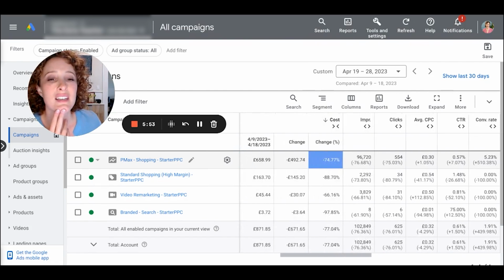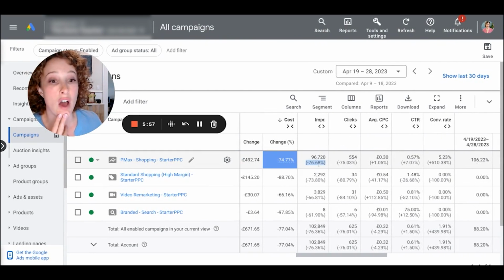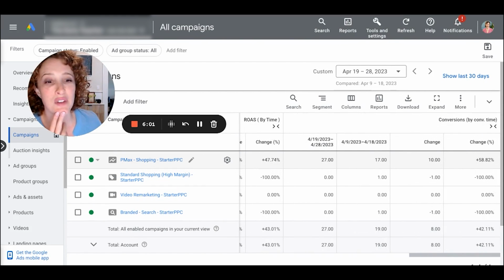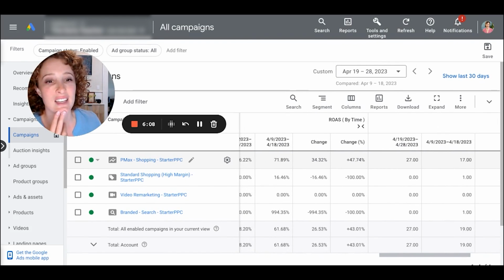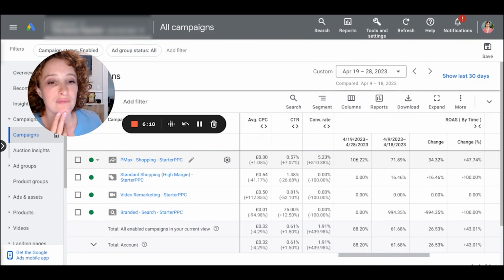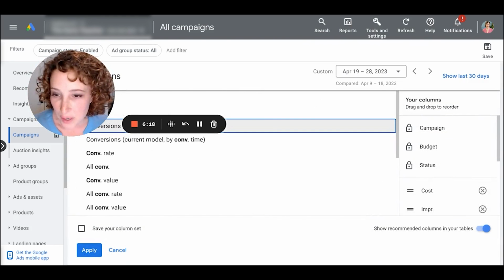So it spent less. Impressions went down a lot. Clicks went down a lot, but somehow conversions went up. That's unusual. Usually the conversions will go down and you'll just get less conversions. I wonder what would happen if we looked at conversion value. Now I'm curious.